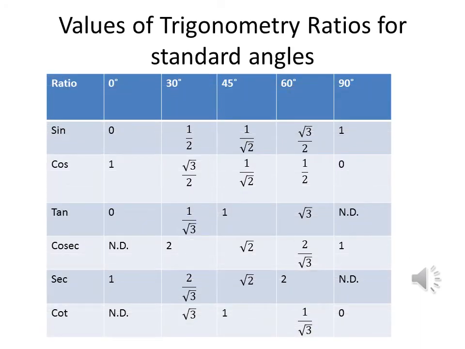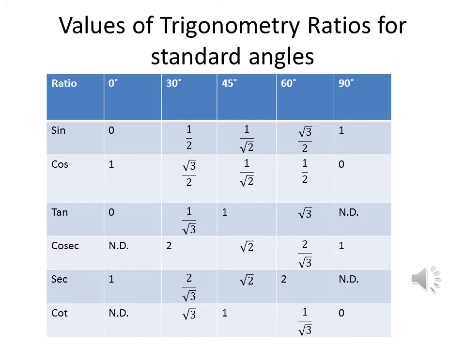Values of trigonometry ratios for standard angles. Now 0 degree, 30 degree, 45 degree, 60 degree, 90 degree are standard angles. So we need to learn these values. See, as a student, I myself studied the first row, and then I learned the remaining values.